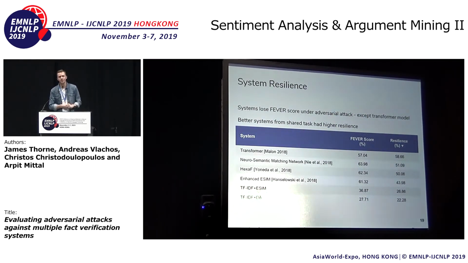We find that the systems are largely correlated and remain ranked in the same position, although the transformer model moves from fourth place to first place, possibly due to the fact that one of the classes of adversarial attacks was against ESIM-based models rather than transformer architectures.